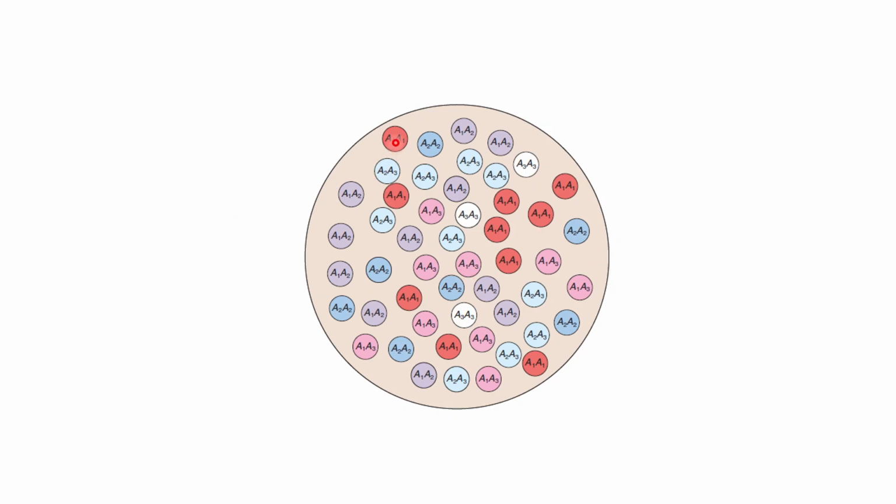So if we have here 1, 2, 3, 4, 5, 6, 7, 8, 9, 10 red flowers, then if we leave this and return in 25 years, we will still have 10 red flowers here. So that means that there is no evolution taking place in this population, and the allele frequency is not changing.